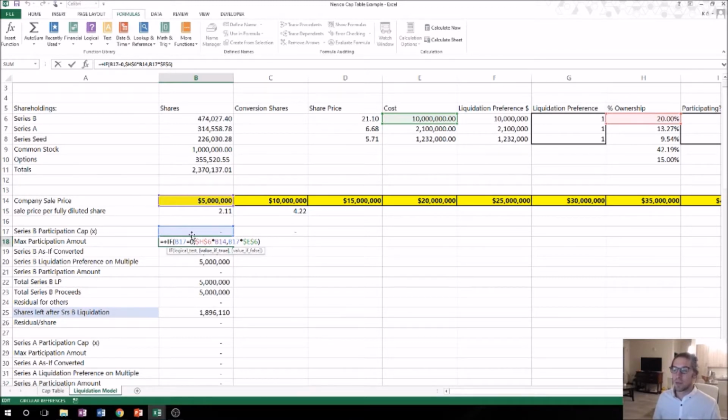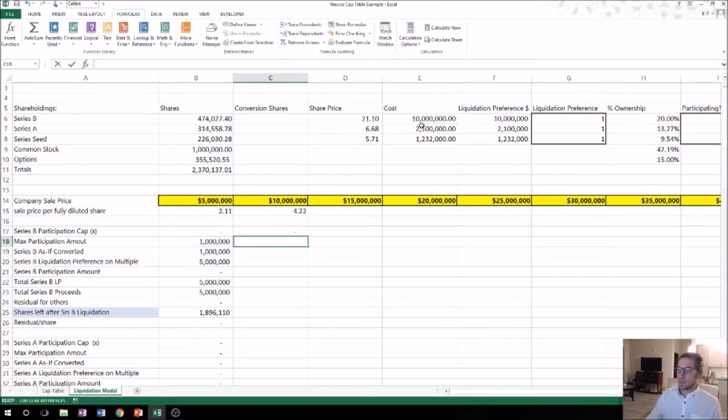Otherwise, we want to multiply the participation cap times the cost. So let's do that real quick. If this cell, the participation cap, equals 0, then take the ownership times the company's sale price.